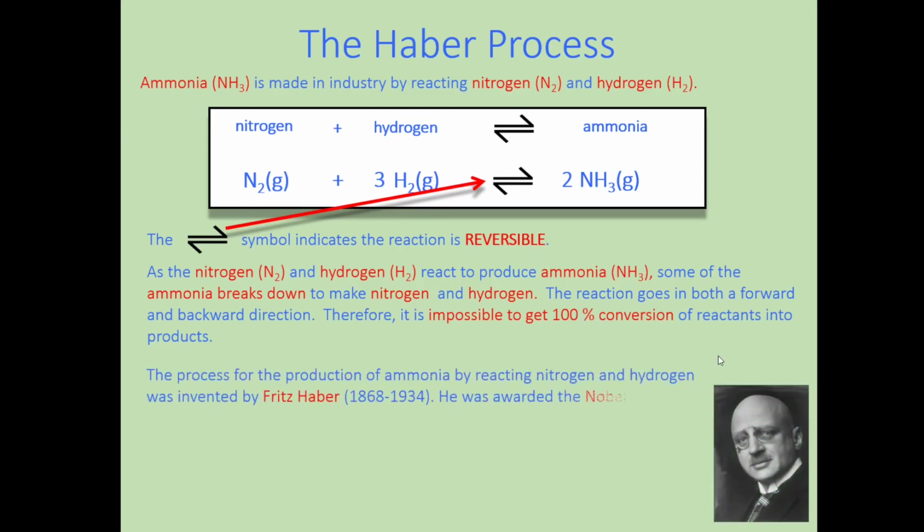And as stated before, this process of producing ammonia was invented by the very talented chemist Mr. Fritz Haber, and he got the Nobel Prize for it in 1918.